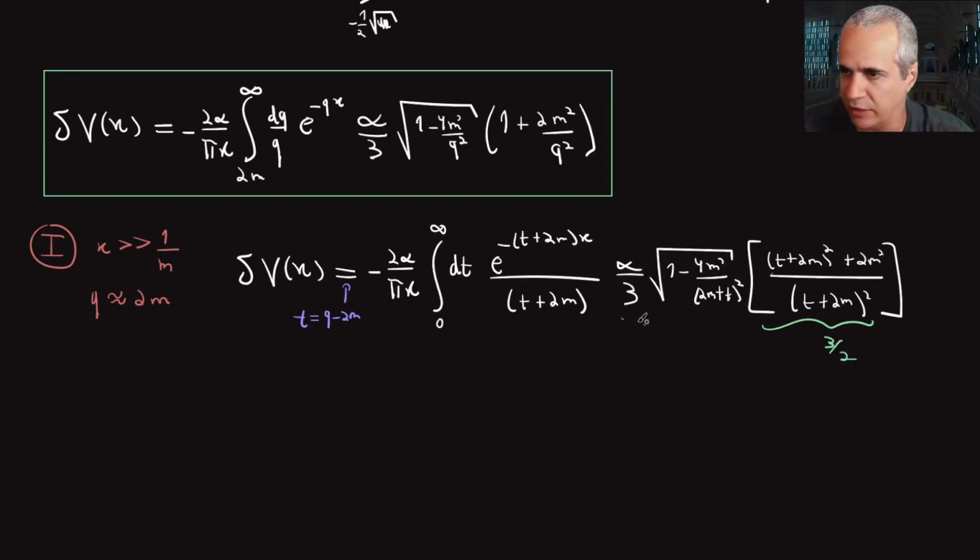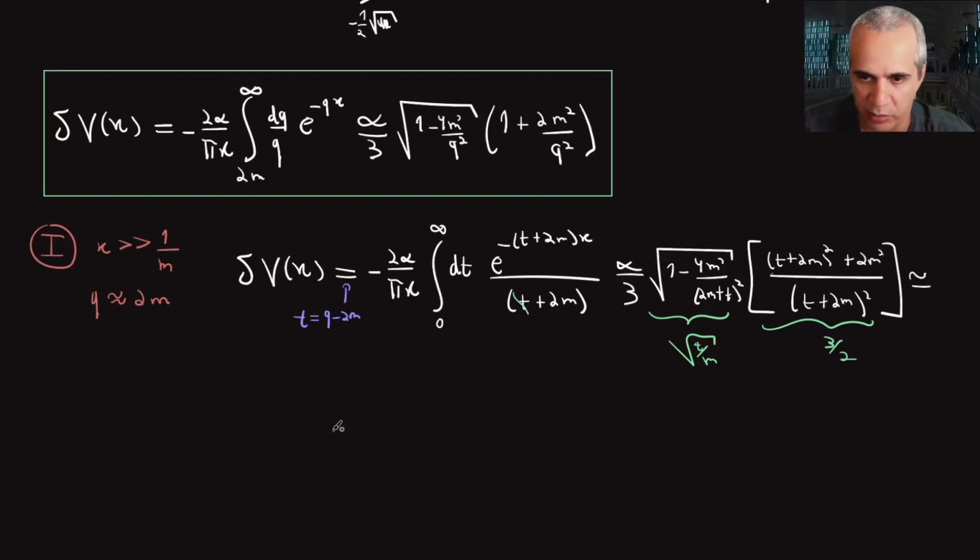This one I need to expand for t near 0. This is, at first order, square root of t over m. And here I can just disregard t, and then do the integration. So I'll have to do the integral.